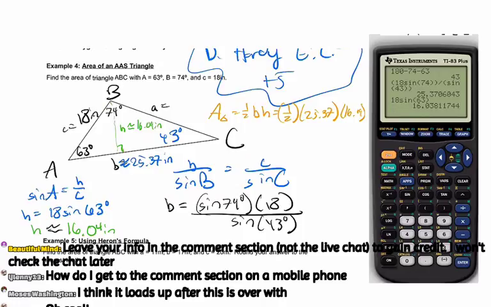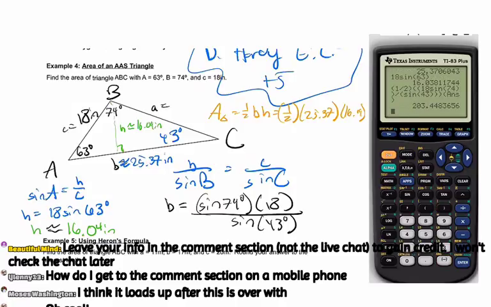So let's do the 1/2 times all of this, the base, and then the height. I think this is 203.